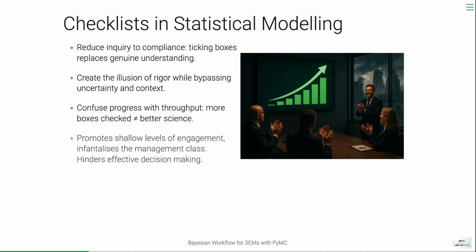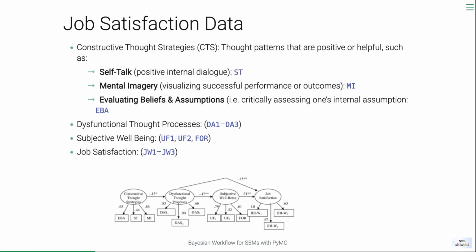Boxes checked is not better science. And I think this is important if you're working in industry. It promotes a shallow level of engagement from your stakeholders and your management classes, and this ultimately hinders effective decision making in your organization. It also strips away ownership from you. You're not building something, you're just completing a task. So those are the two contrasting views, and I'm going to argue for the first one a little bit.